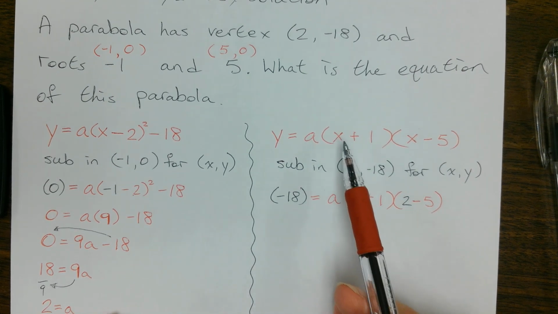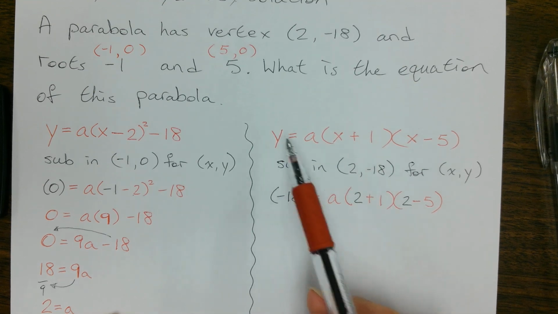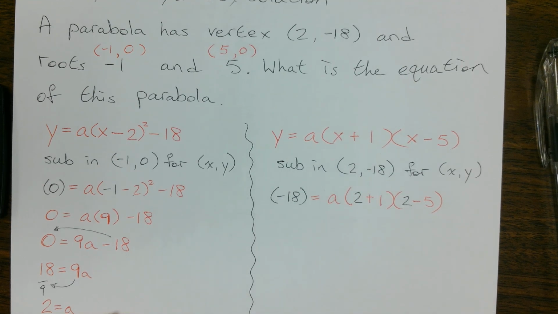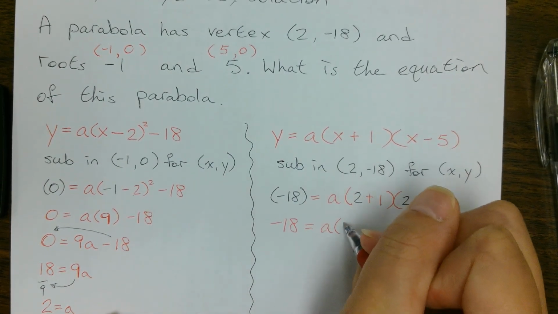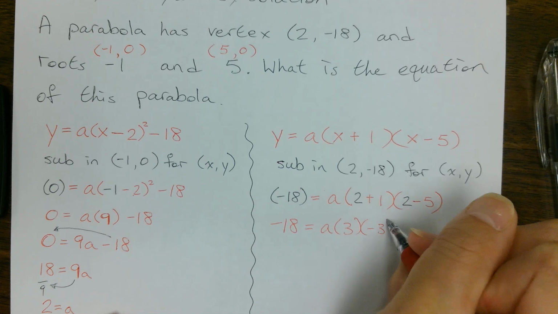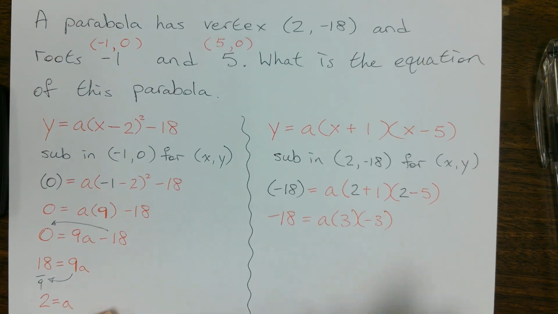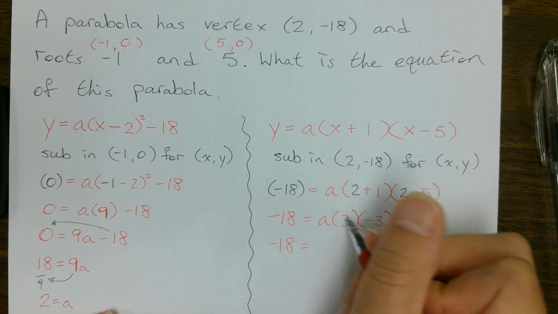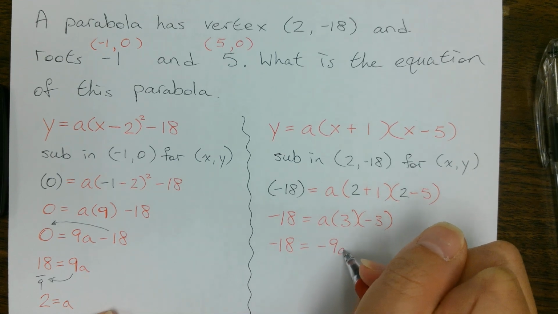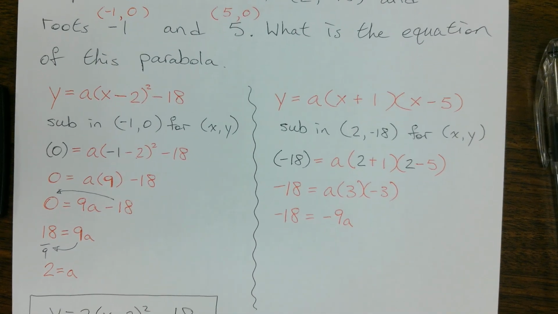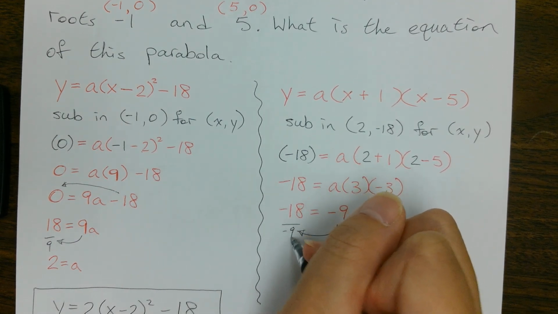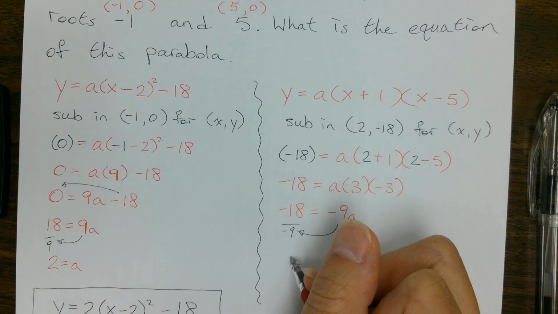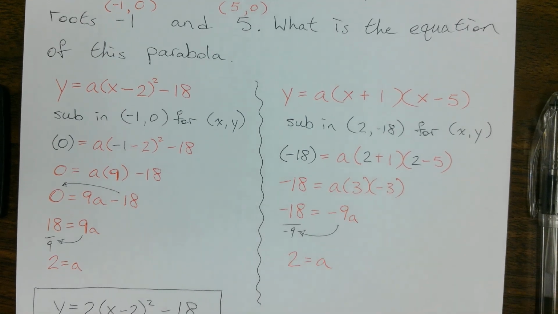So I replaced the x with a 2 and replaced the y with a -18. -18 equals a times 3 times -3. -18 equals -9a. Divide that by -9. a equals 2. Oh, now what do you know?